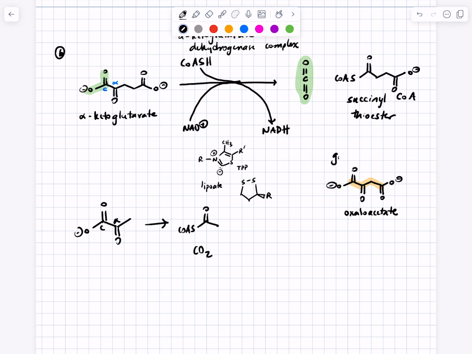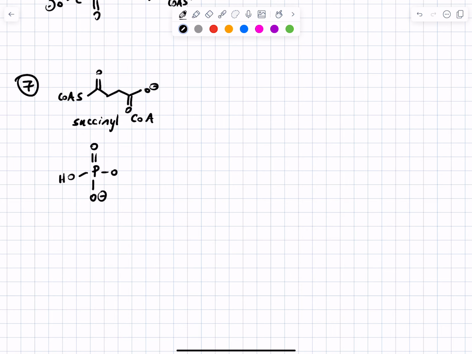Step 7 is going to be, we start with the succinyl-CoA thioester. And then nature's going to use a molecule of inorganic phosphate. What does nature mean by inorganic phosphate?